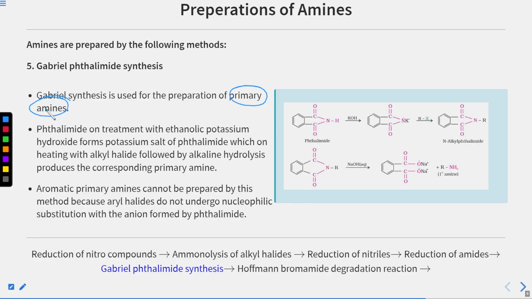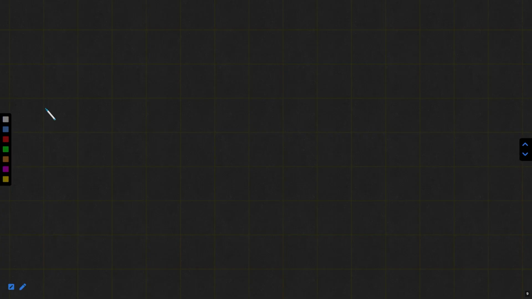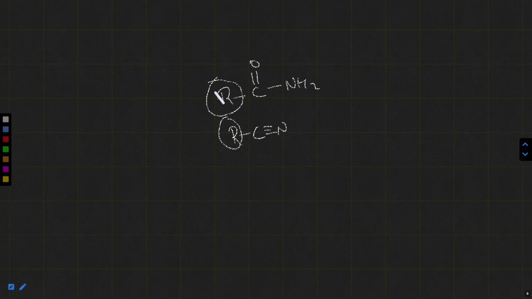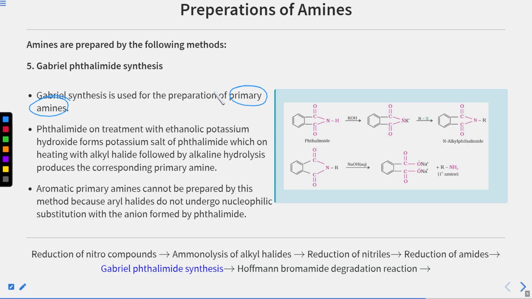You can only prepare the primary amine using all of those, because if you look at the structure of those, only one alkyl chain can be attached to the alpha position of the amine in both of these cases. That is this one. So only primary amine is possible. Here also you will see through the mechanism that only primary amine is possible. So for this, what do we take?